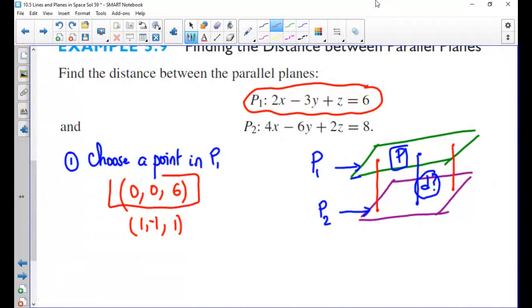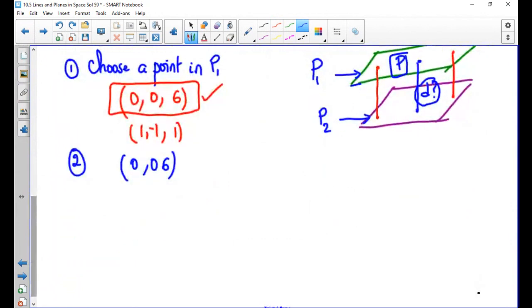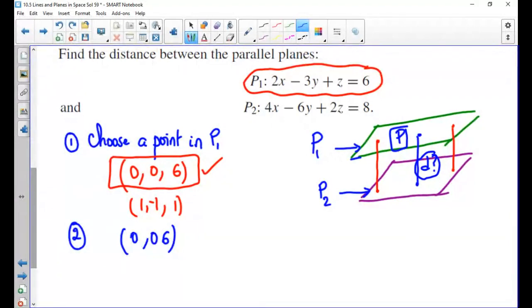So let's just use this point. Now I need to find the distance from this point, 0, 0, 6, to which plane, P1 or P2? They are parallel. Yes. So I have a point here, 0, 0, 6, in the plane P1.